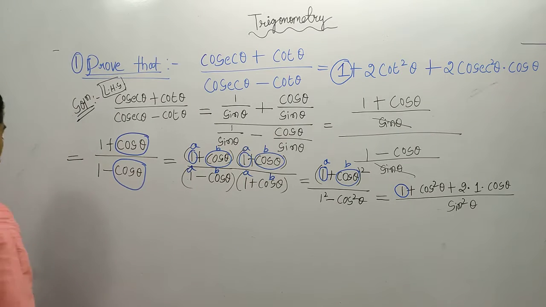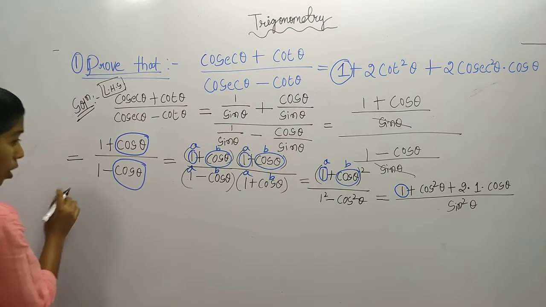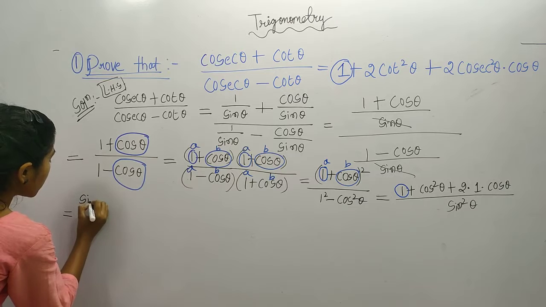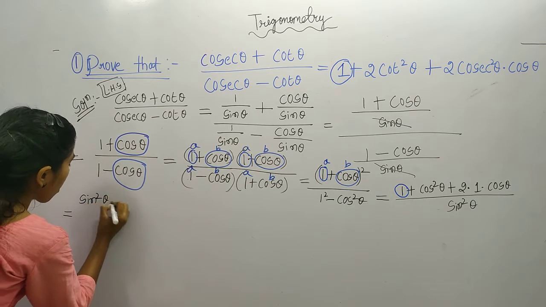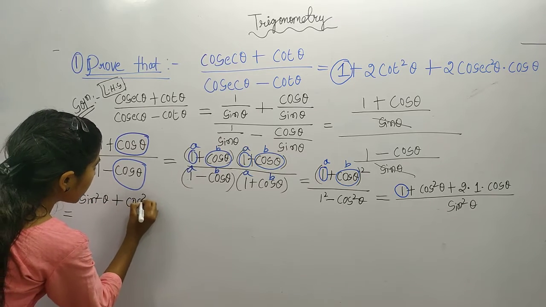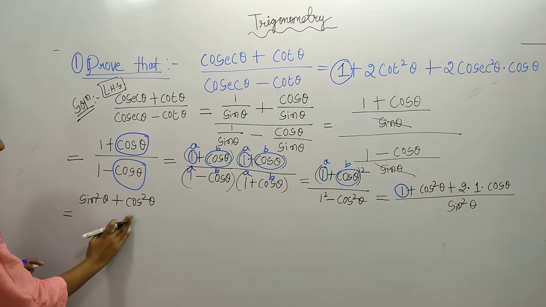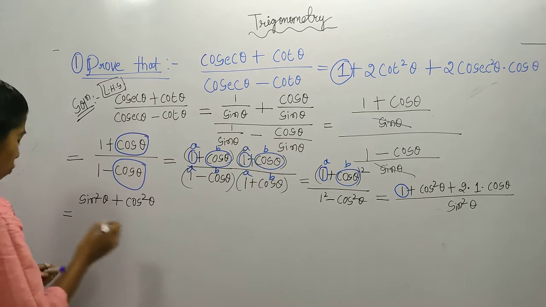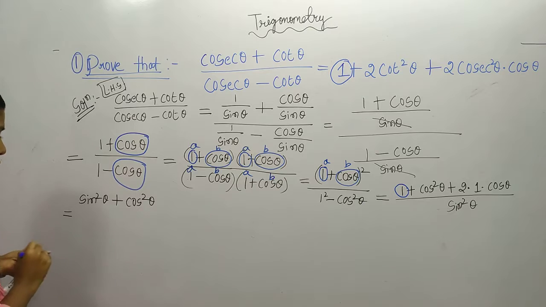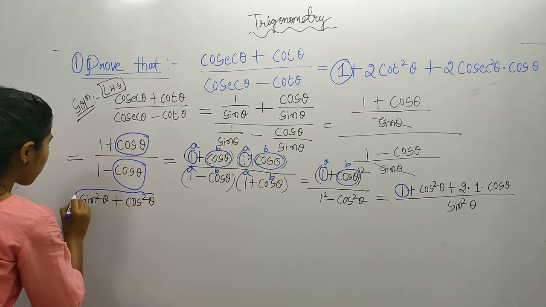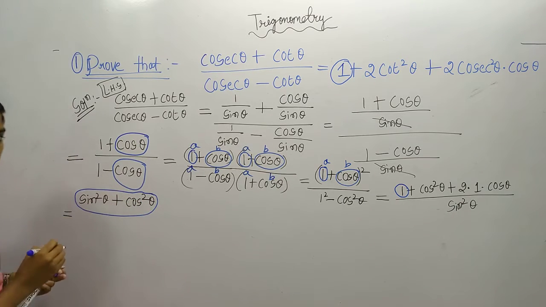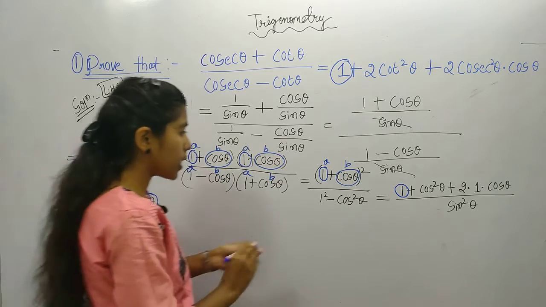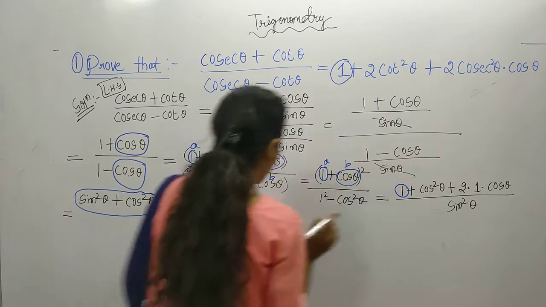Instead of 1 we can write sin square theta plus cos square theta, because sin square theta plus cos square theta is 1. So instead of 1 we have written sin square theta plus cos square theta. Next, plus cos square theta is there.